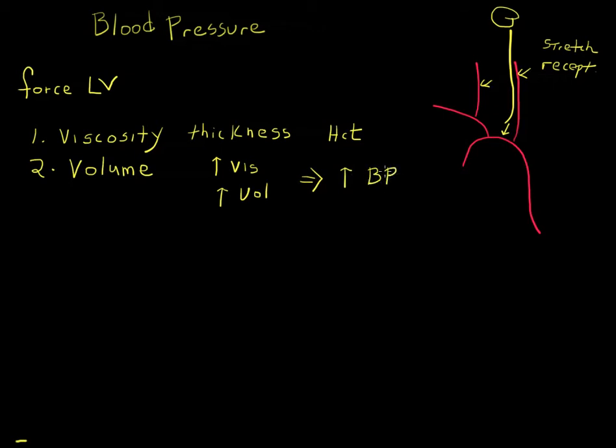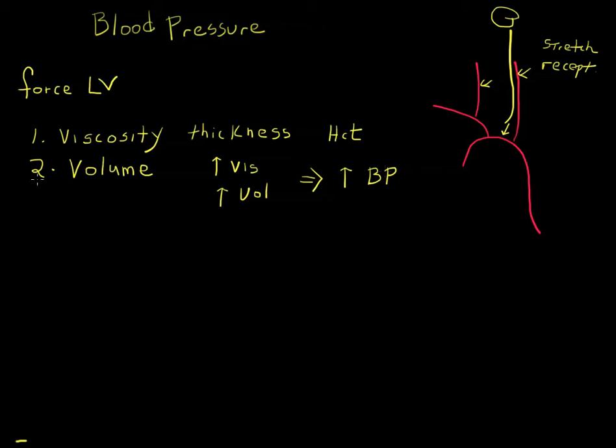And volume, like viscosity, is not a factor that you can control from moment to moment. It certainly has clinical significance, because if your patient is bleeding for whatever reason, the patient has had an accident, some trauma is causing bleeding, or there's post-operative bleeding, the blood volume will decrease, and that will drop the blood pressure.